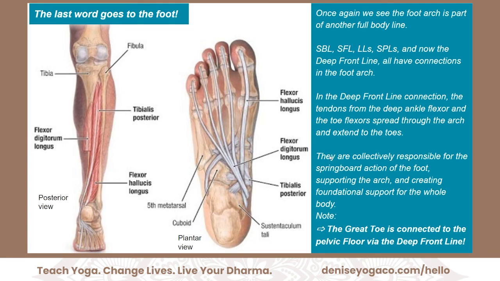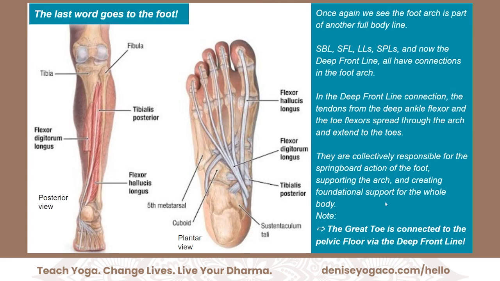And most people want to maintain their balance, because not maintaining your balance leaves you open to falling, which can be a complete disaster, especially if you're older. Okay, so all of these muscles and their tendons are working together to create that springboard action in the foot.